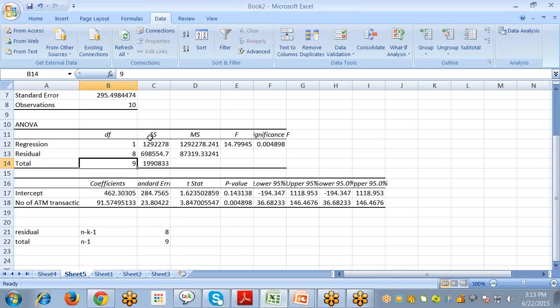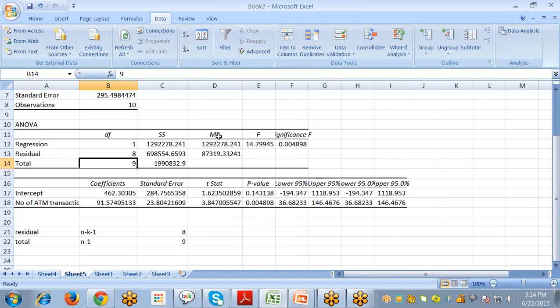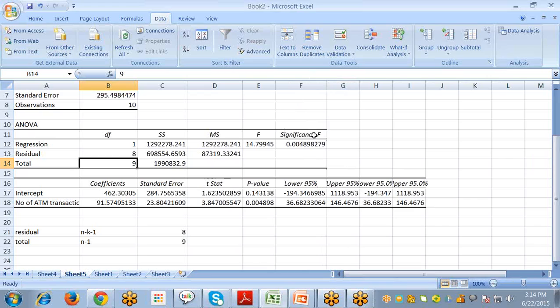Then we have SS, which stands for the sum of squares for the values of regression, and MS stands for the mean sum of squares. And there is an F, which is the F statistics value, and this gives you the significance of F. It must be noted that the value for significance F should be very low.